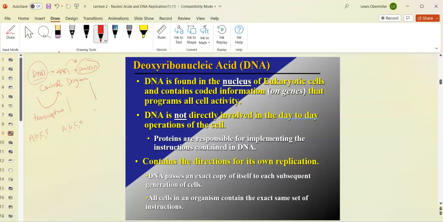And then in protein, there's 20 amino acids, right? Tryptophan, arginine, lysine, tyrosine. There's a bunch of them. So anyway, proteins are the things that are responsible for implementing the instructions of DNA. Proteins turn DNA into RNA.